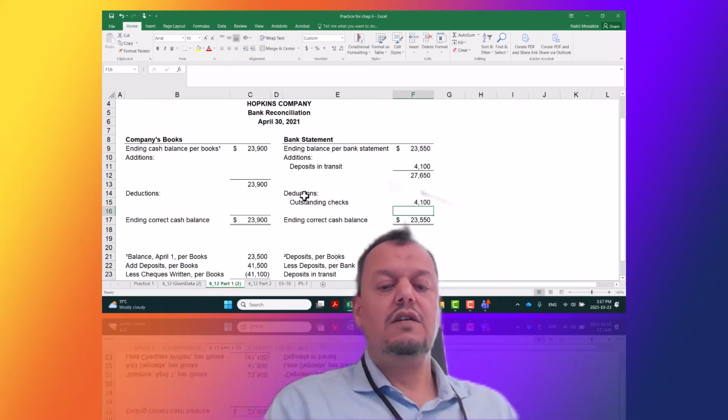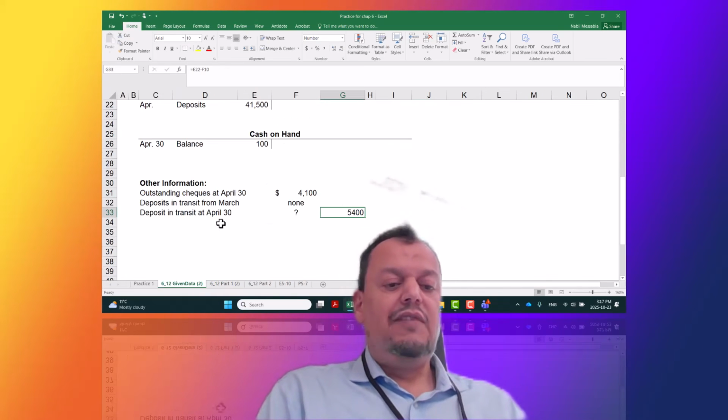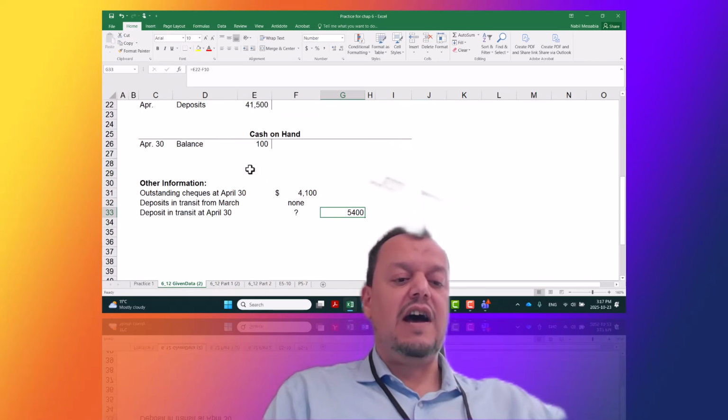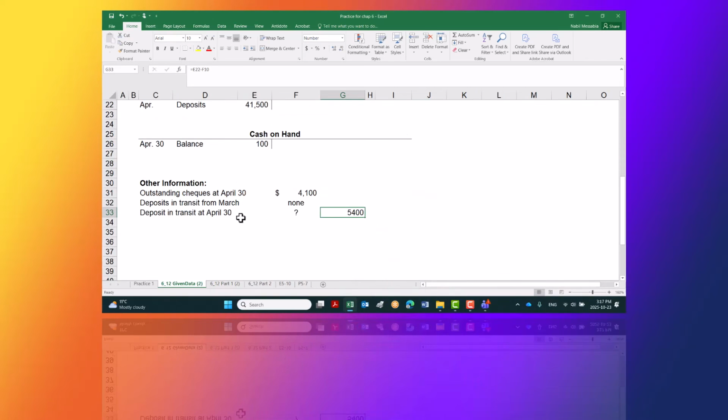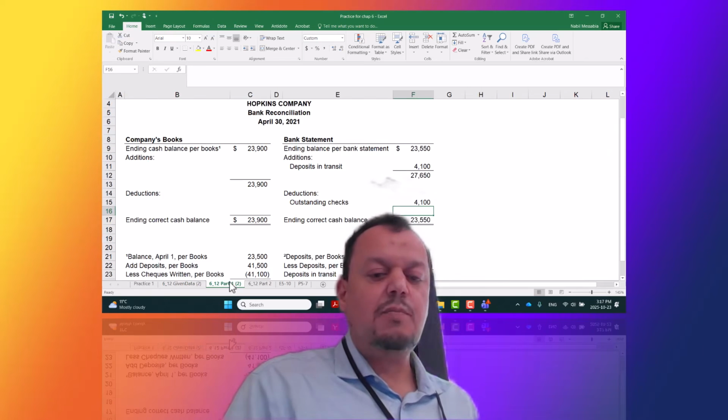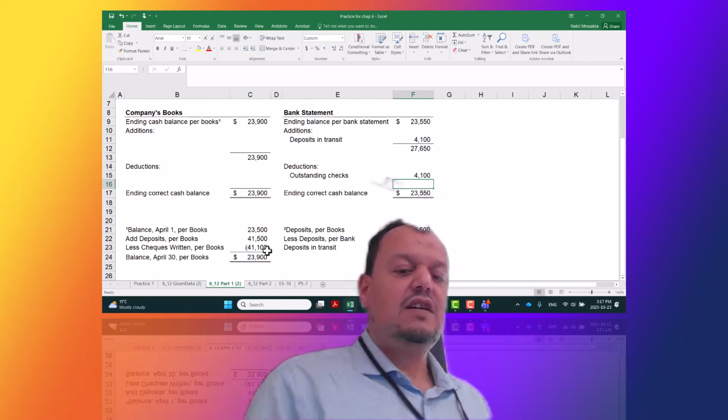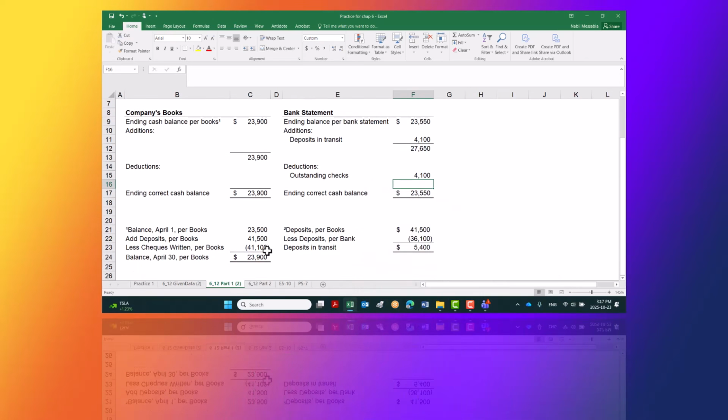Okay. So if we look at the data we have, there is nothing else. There's no additional information that the company knows and the bank doesn't know. The only two pieces of information are these. They are done. Do we have the reconciled balance? Not yet. When we add all of this, we end with 23,550.